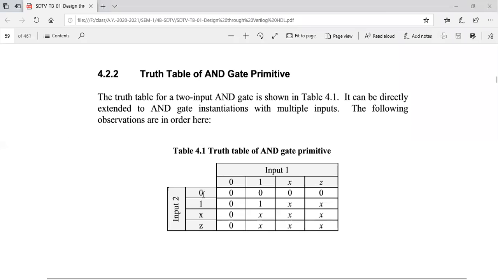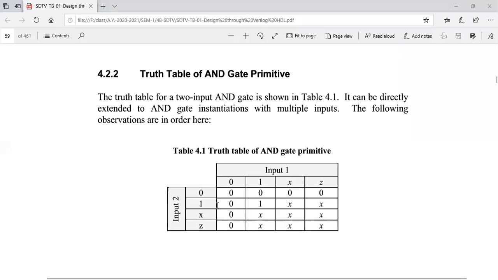If input 1 is 0 and input 2 is also 0, it is going to produce an output of 0. It is an AND gate. So if it is only 1 and 1, it is going to produce 1. Rest all values will generally be 0.